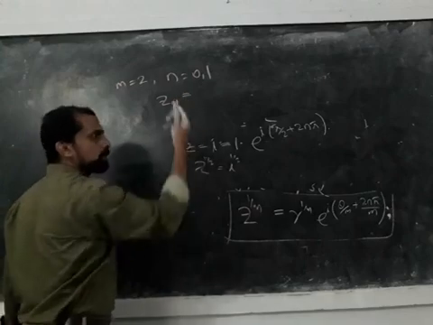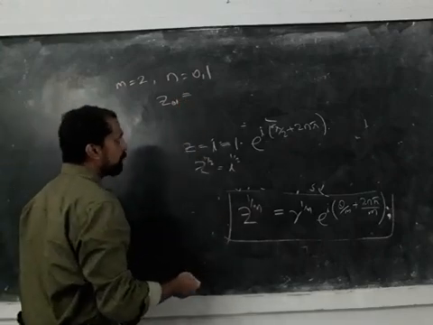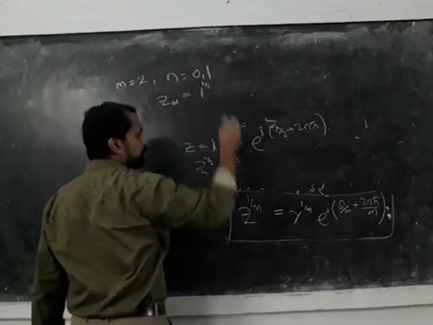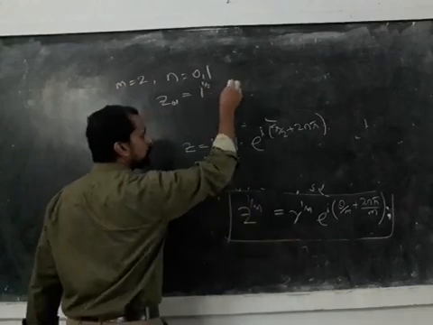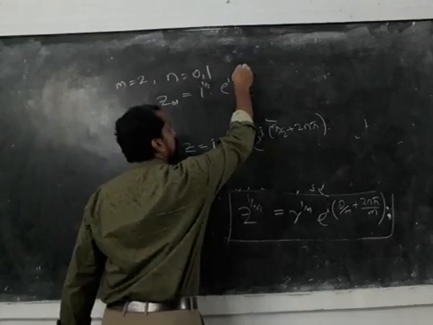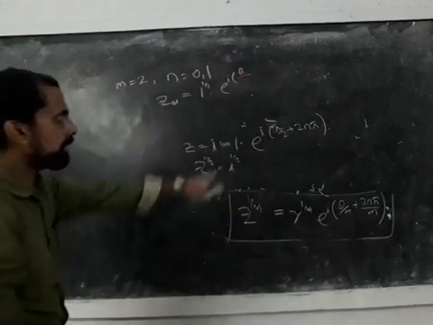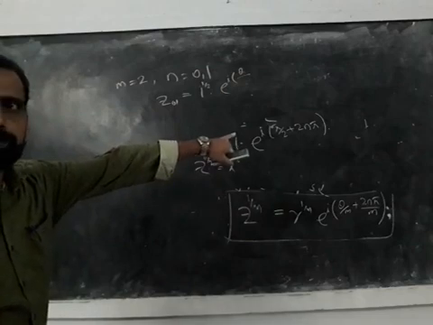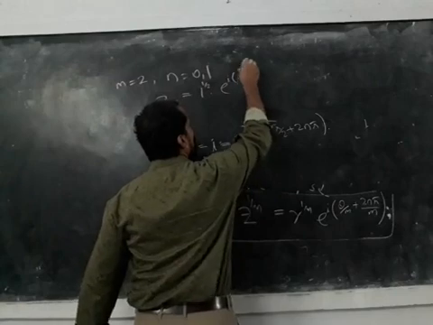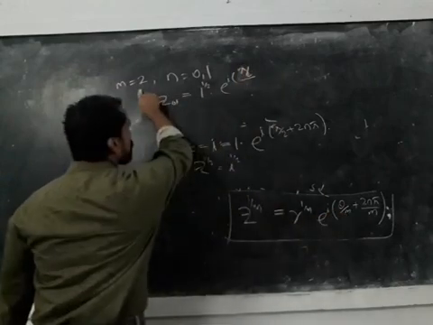It becomes 1 raised to 1 by 2 into e raised to i theta by m, where theta is pi by 2 and m is 2.